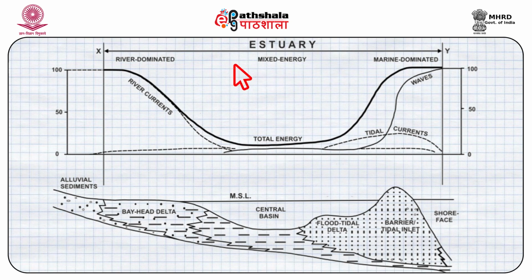So, the middle portion is a very low energy environment represented by argillaceous sediment, and on this side and this side there will be two sand bodies, one represented by the bayhead delta and the other by the bar systems forming in the estuary. So, this is a typical character of a wave dominated estuary, where you generate a low energy environment in the middle of the estuary.